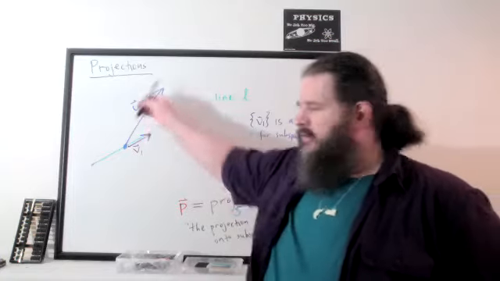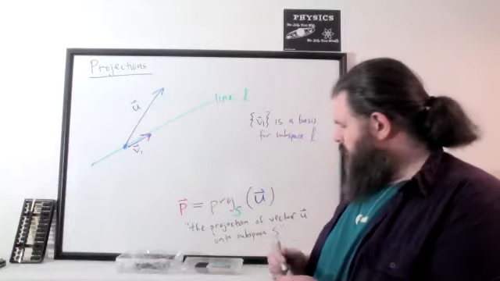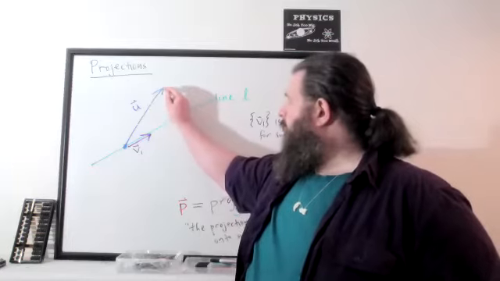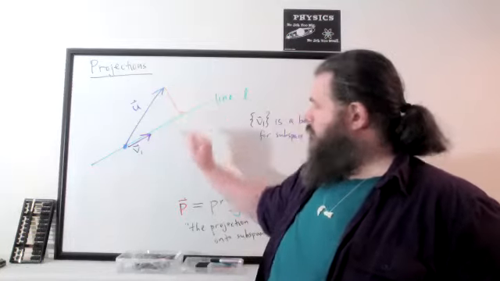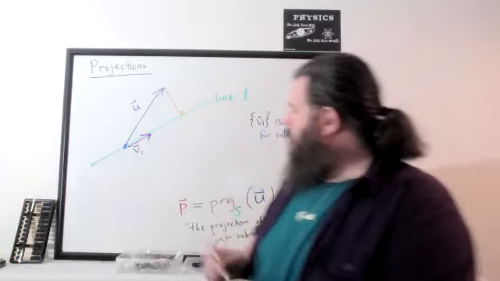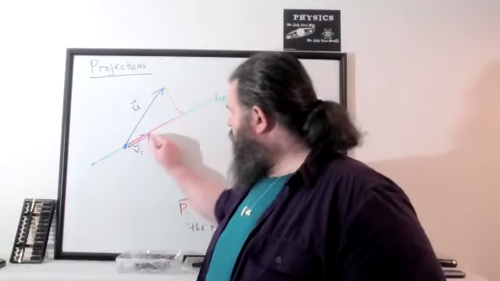And we want to take vector u and project it onto that subspace. To do that, geometrically, we're just going to drop a perpendicular again. So if you draw out a perpendicular, the projection vector is going to be this.